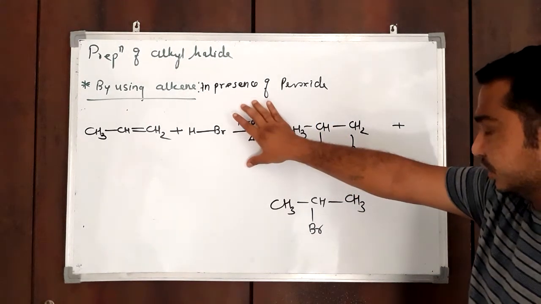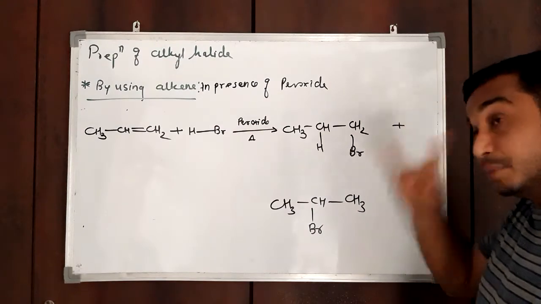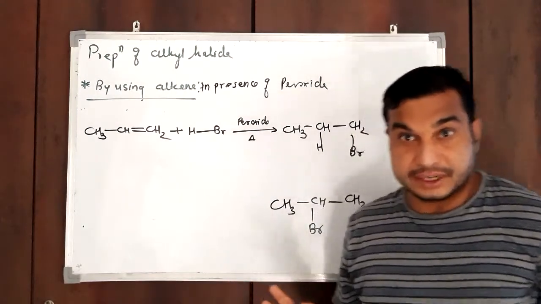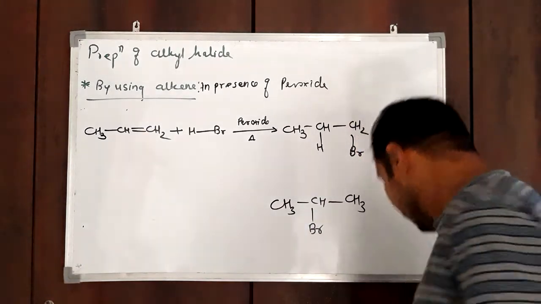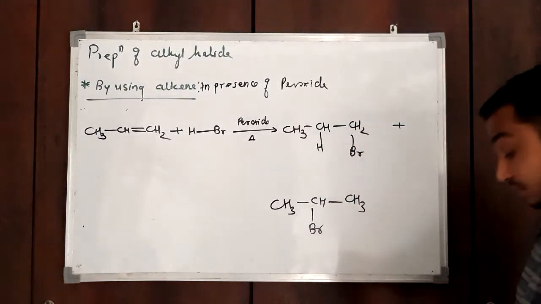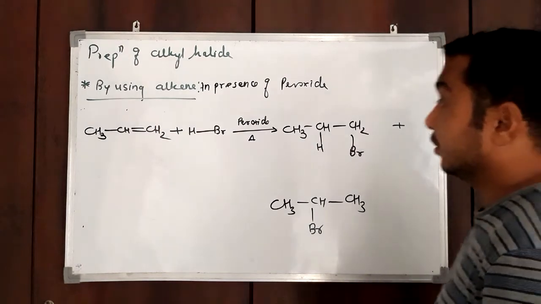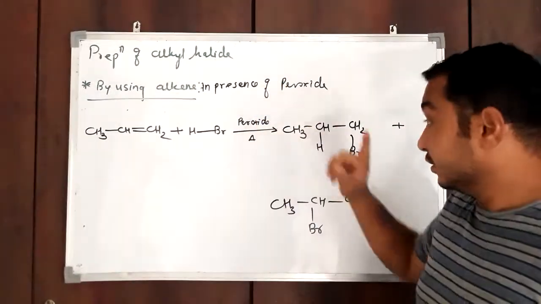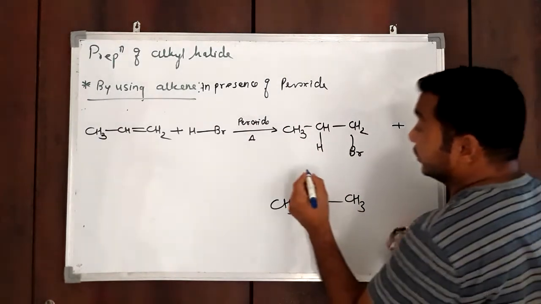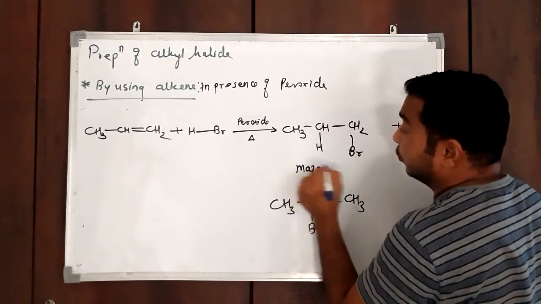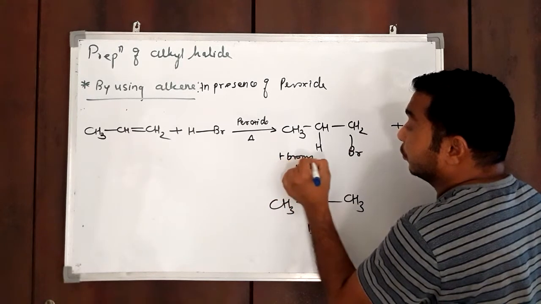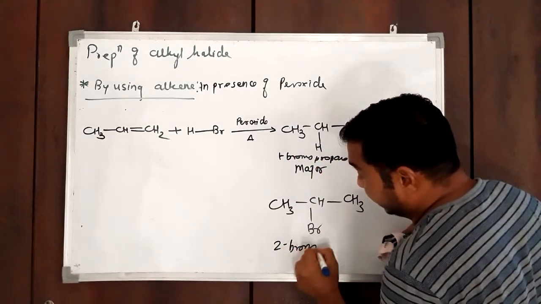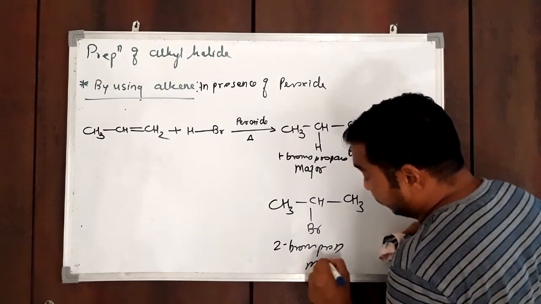Now see this. In the absence of peroxide and heat, the major product is identified by Markovnikov's rule. That is the rule we have to apply. But if the reaction is carried out in the presence of peroxide and heat, then the major product is 1 bromopropane, and 2 bromopropane is the minor product.